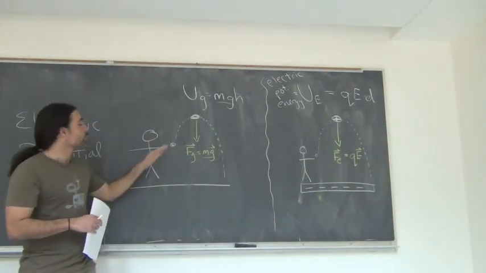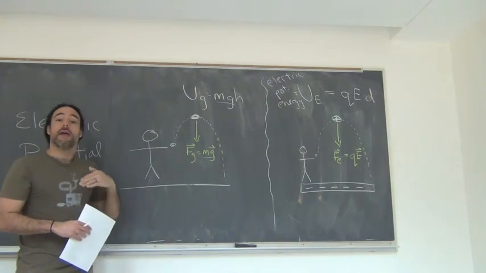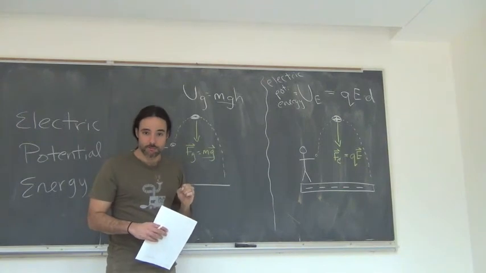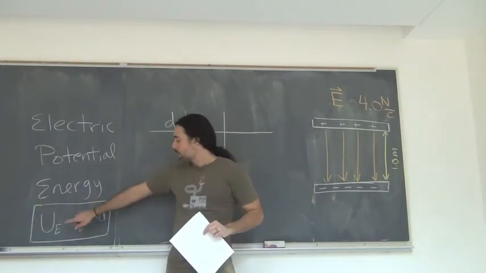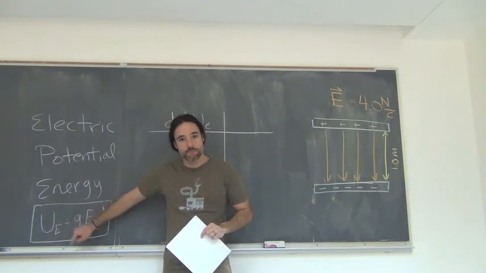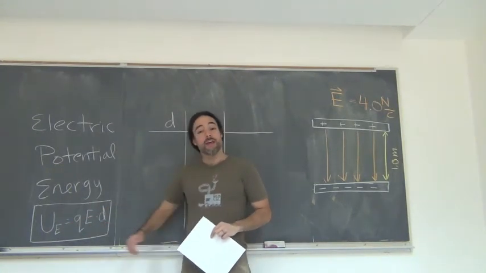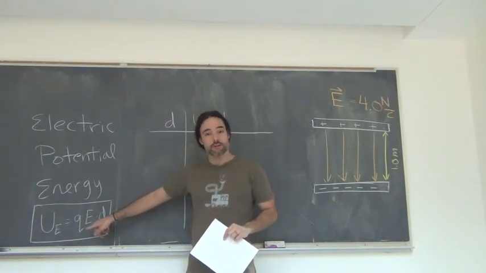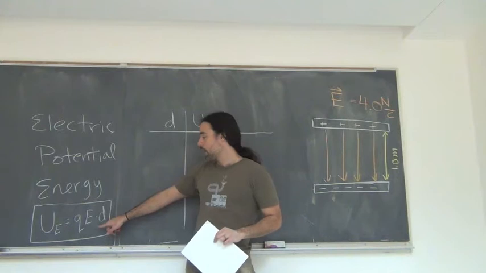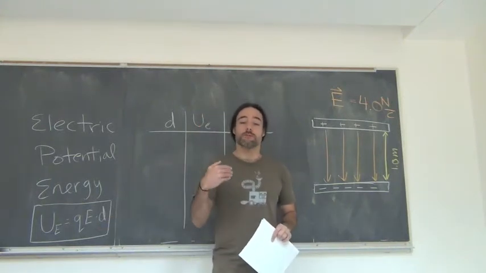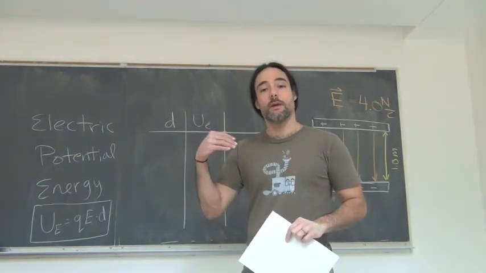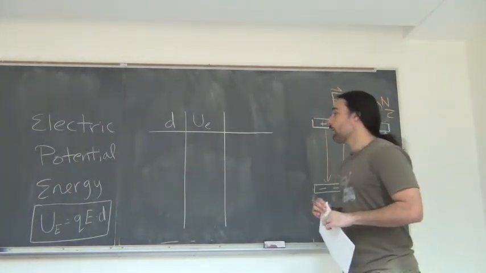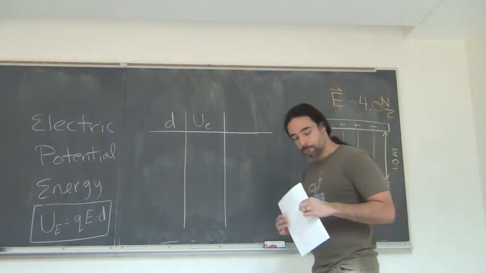So we can have gravitational potential energy, and in the exact same way, we can also have electric potential energy. Our electric potential energy for a charge Q is going to be equal to the electric field that that charge experiences times the distance d it has moved in that electric field.